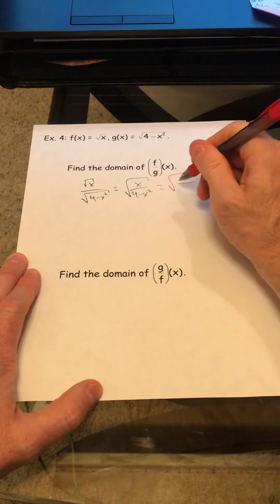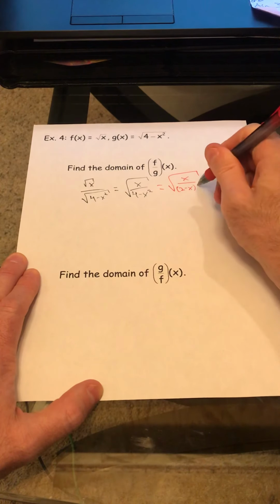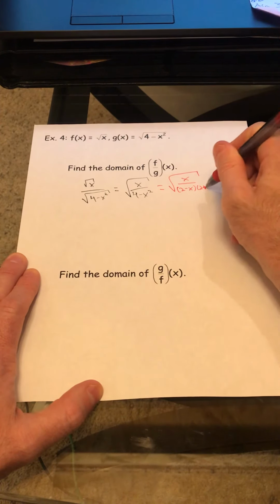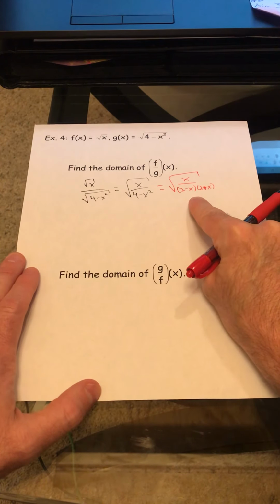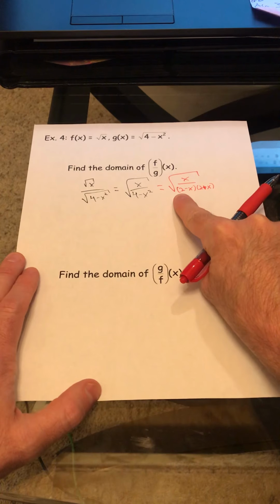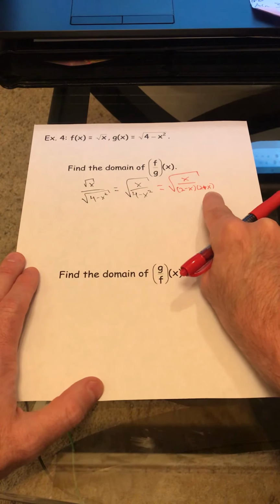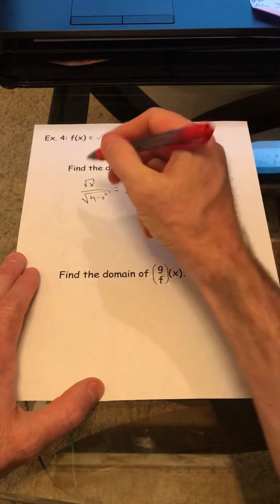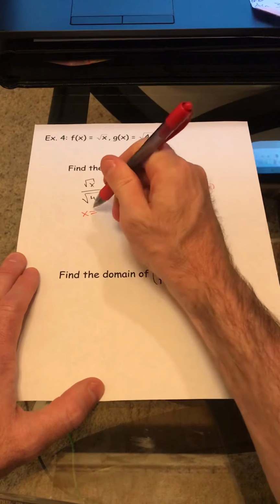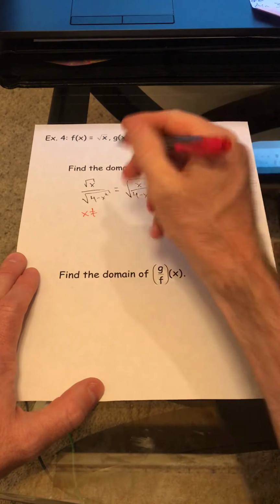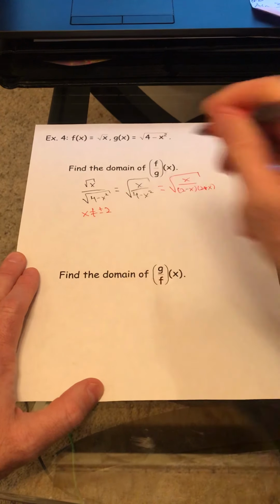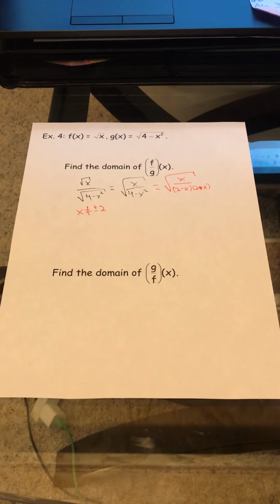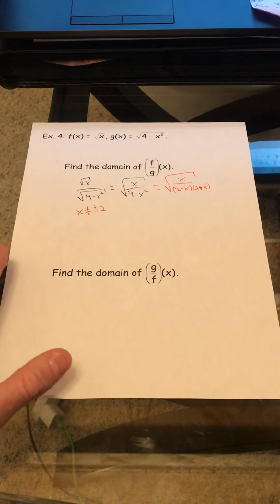We actually looked at this a while back. So we do have a square root. We also have restrictions in the denominator. X cannot equal 2. X can also not equal negative 2.